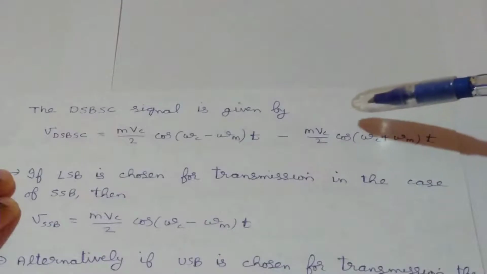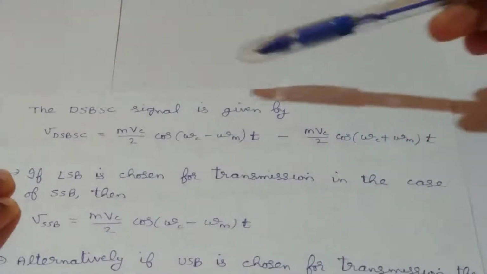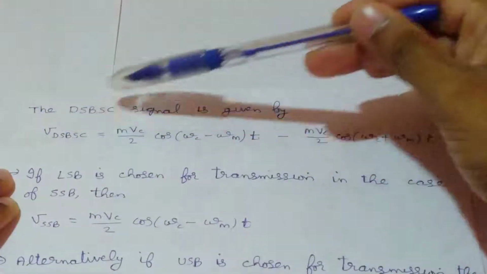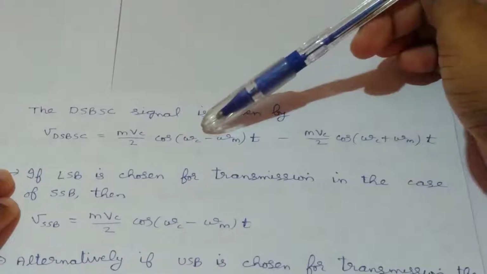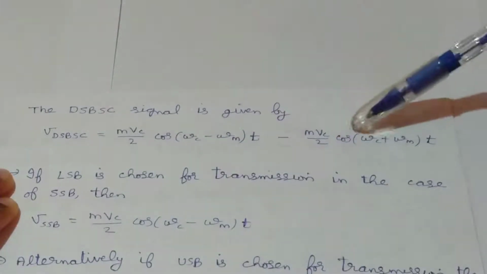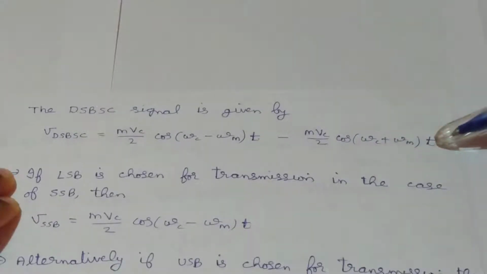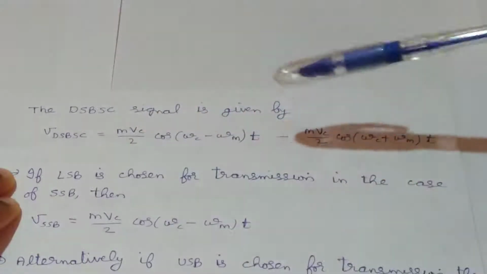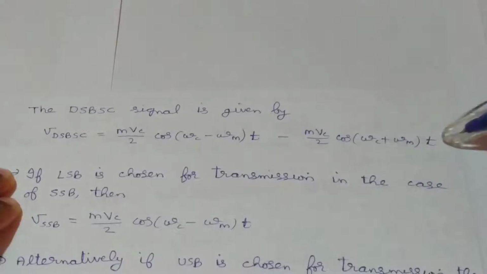We know the equation for the double sideband suppressed carrier signal is given by V_DSB-SC equal to mVc by 2 cos (omega c minus omega m) t minus mVc by 2 cos (omega c plus omega m) t. Then in the case of the single sideband technique, we will suppress one of the sidebands and transmit only one sideband to the receiver side.